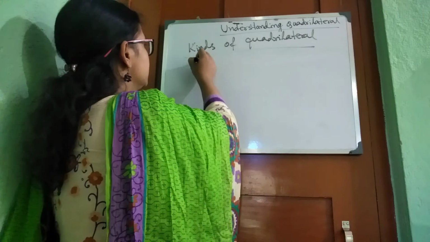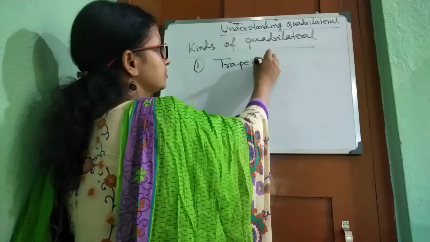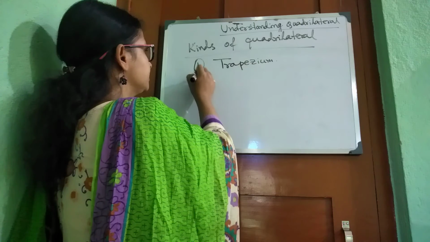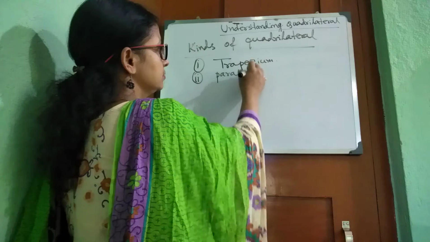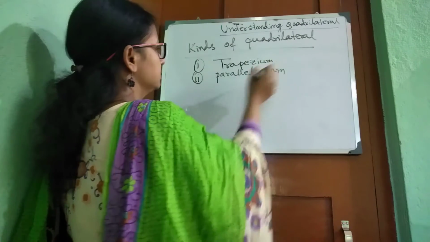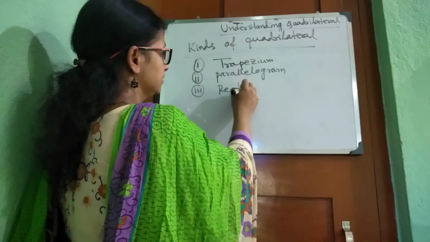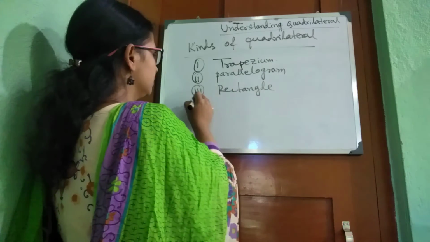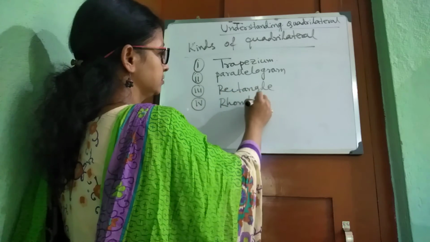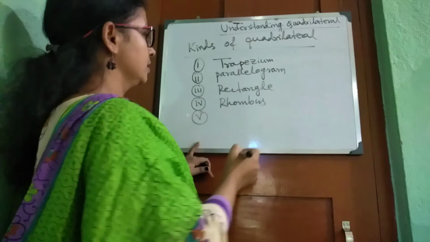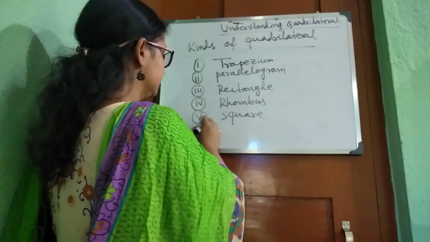Such as first one is trapezium, second parallelogram, third rectangle, fourth rhombus, fifth square, sixth kite.